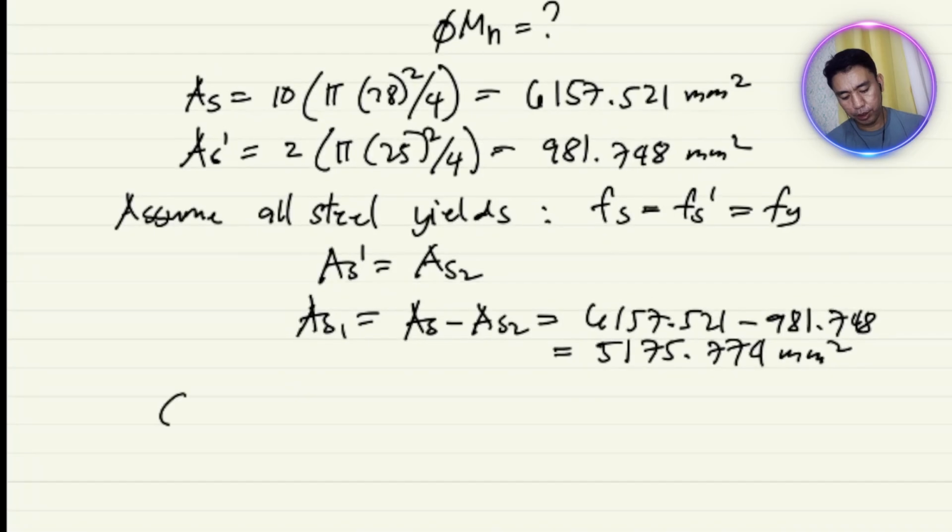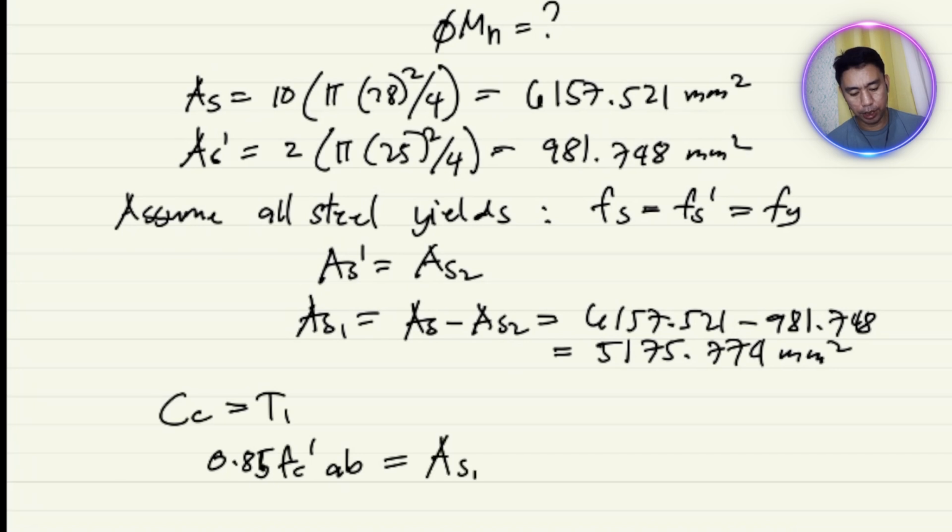Okay, so that's our AS1. So the first equation, Cc is equal to T1, which is equal to 0.85 Fc prime ab is equal to As1 Fy.